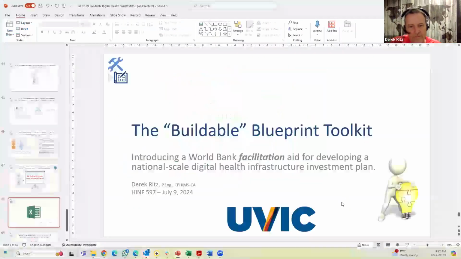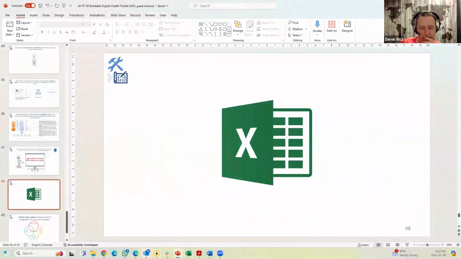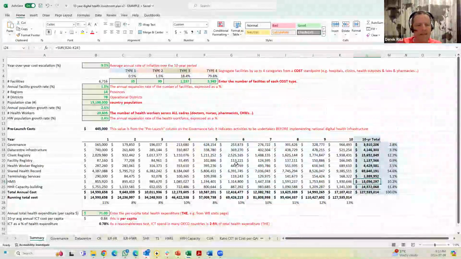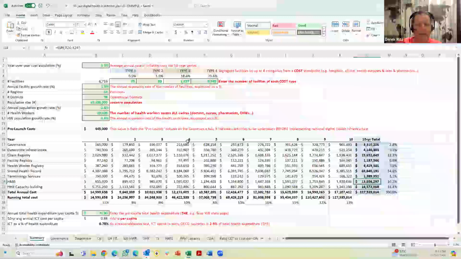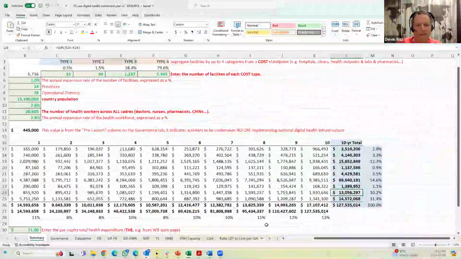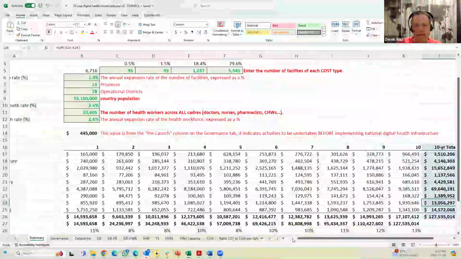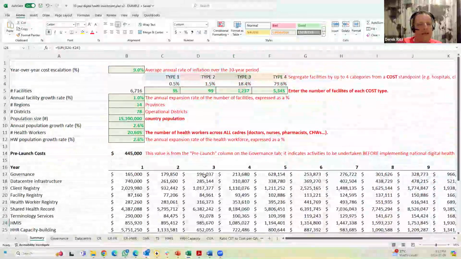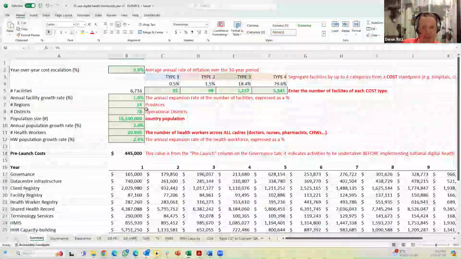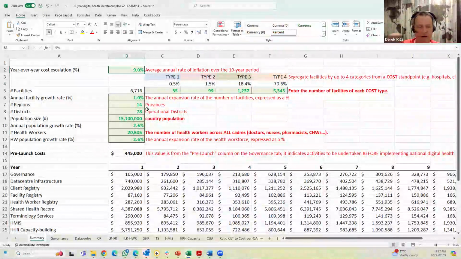And now let's look at what we're talking about. I get it, this is an eye chart at this point in time. This is the actual spreadsheet. You only have to enter information into the cells that are green. And you have to put in things like the inflation rate. So the inflation rate, this is for Amalgaland.